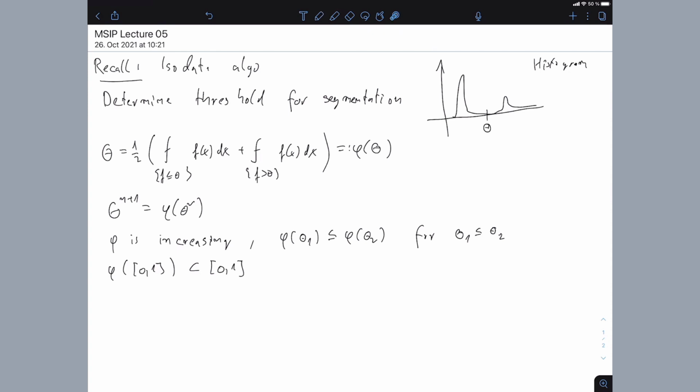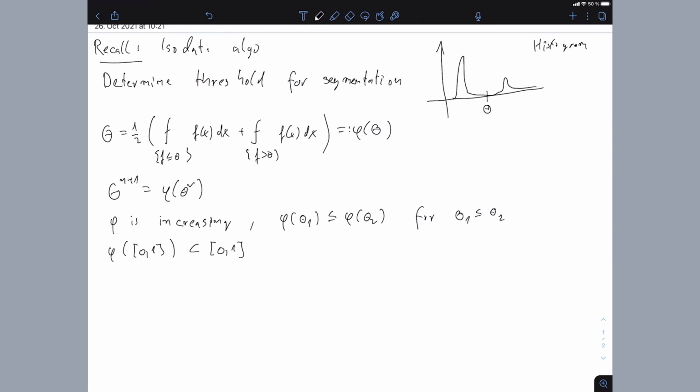So f has values in [0, 1], so both of these averages will be between 0 and 1. So of course phi has to be as well, no matter what theta in [0, 1] we put in there. And together these two things show the convergence.